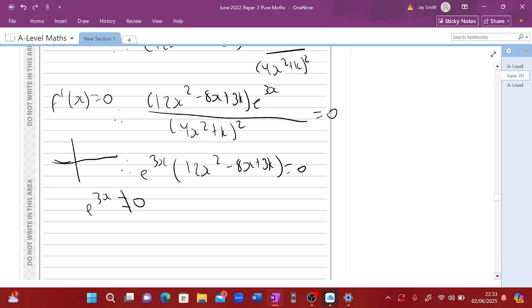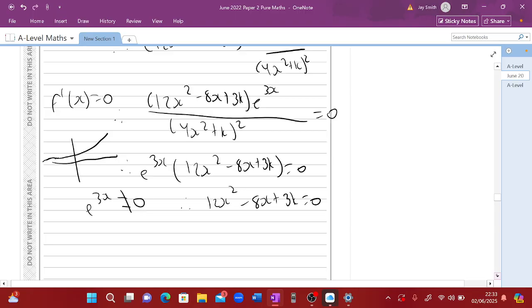For e to the x, the asymptote is at 0, but it can never be 0. So e to the 3x, no matter what, is never 0. So therefore, the only solution will come from 12x squared minus 8x plus 3k equals 0.